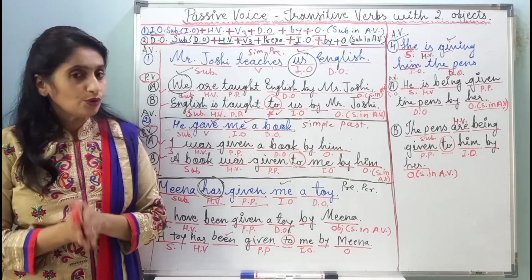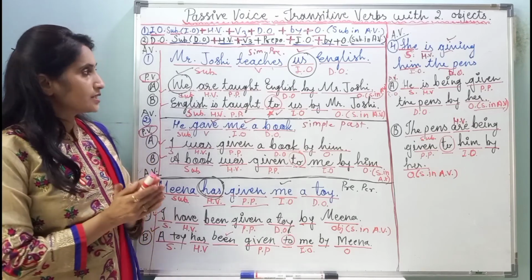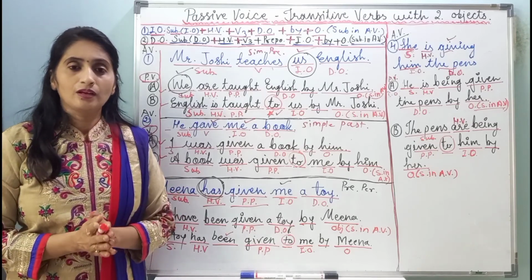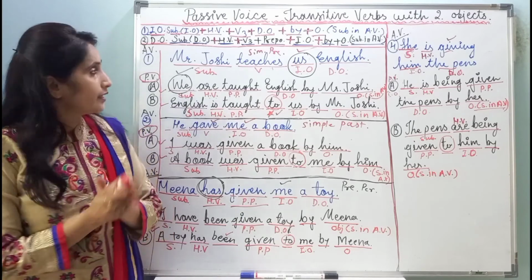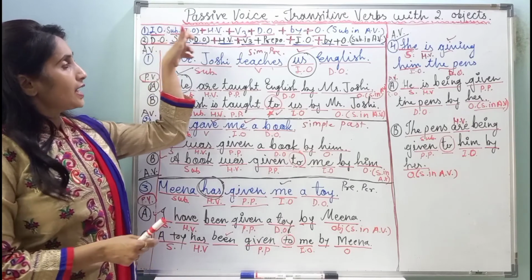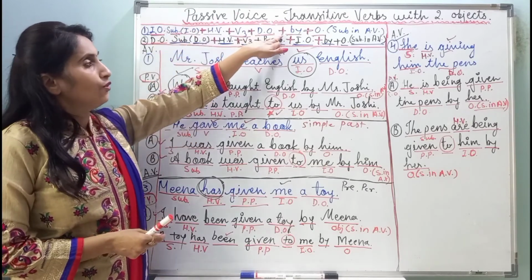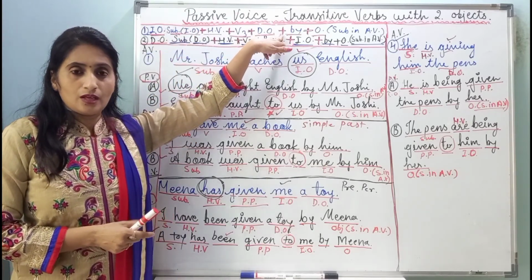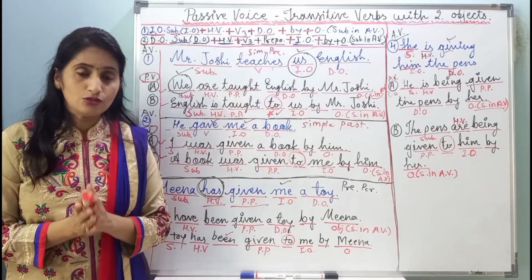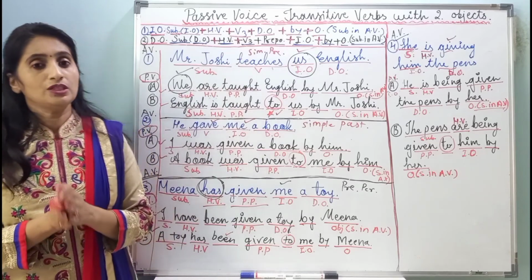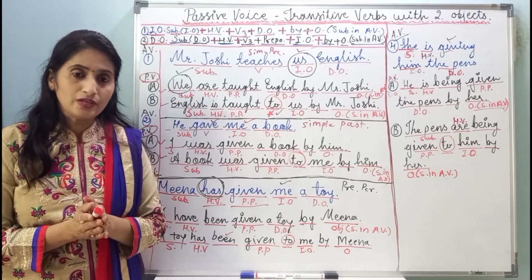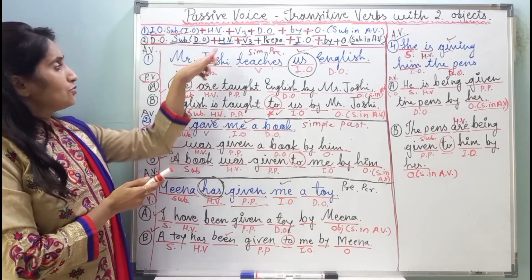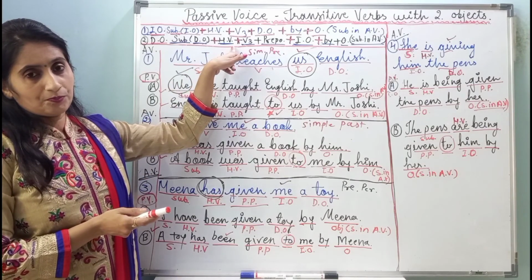Okay, so what you have to understand here is whenever the indirect object is used as the subject, you have to follow this structure. But if you want to make use of the direct object first as the subject in passive voice, you need to follow this structure.